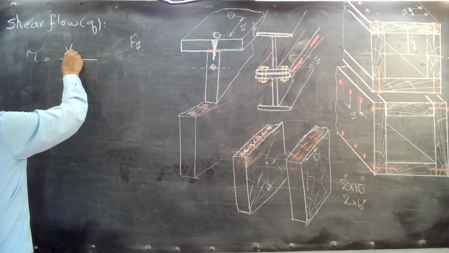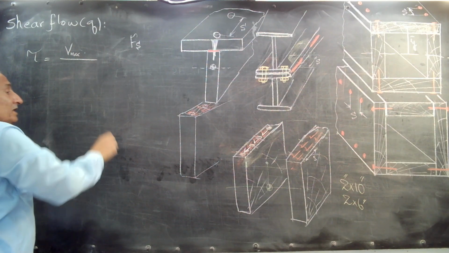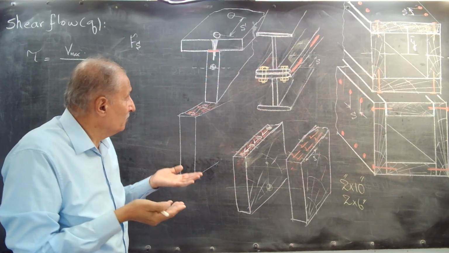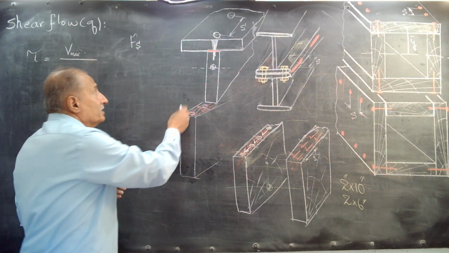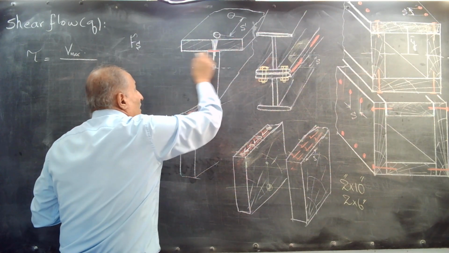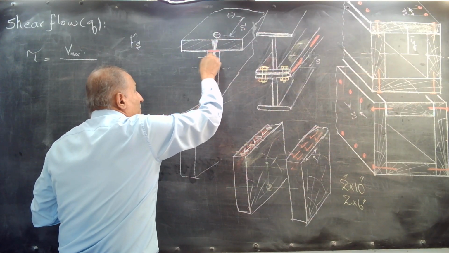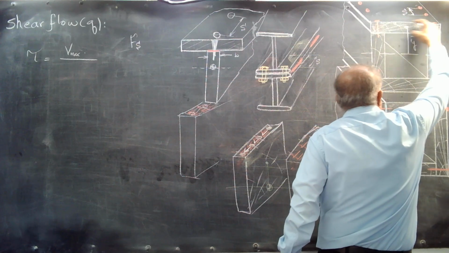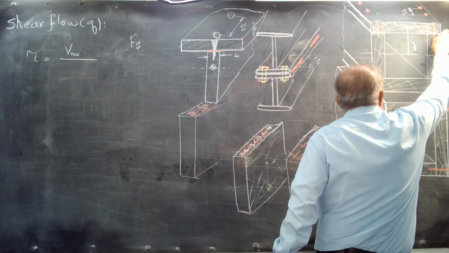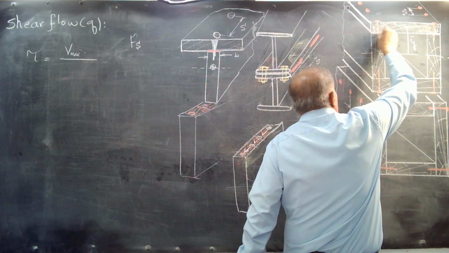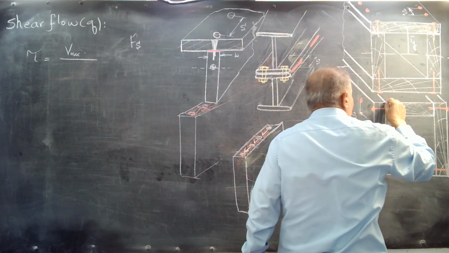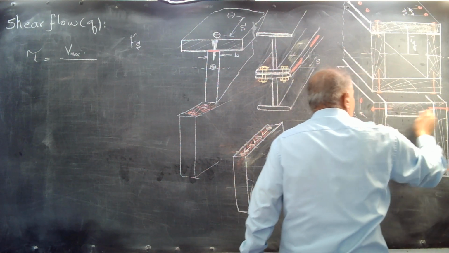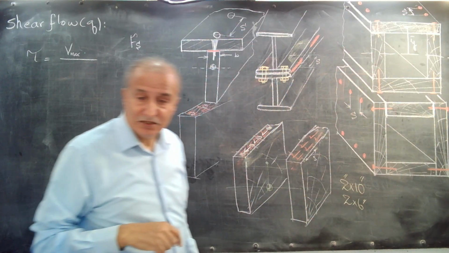And then multiply by Q, the first moment of the area that you separated at the junction. For example, here you separate this area, and this is the cut, whose length is recorded in the formula as b. In here, you separate this area because you want to find the horizontal shear stress at these two junctions. And here, you separate this plank because you want to know the horizontal shear stress at this point.